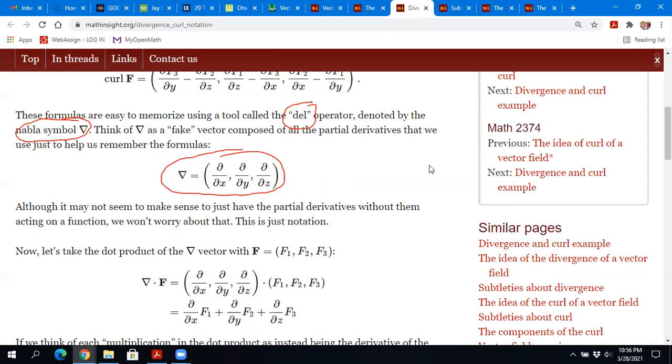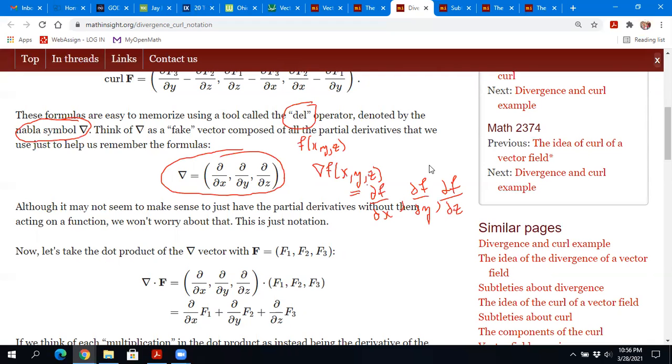By the way, if I were to take little f of x, y, z, and take nabla f of x, y, z, and think of f of x, y, z as a scalar, then I would get the partial of f with respect to x, the partial of f with respect to y, the partial of f with respect to z.